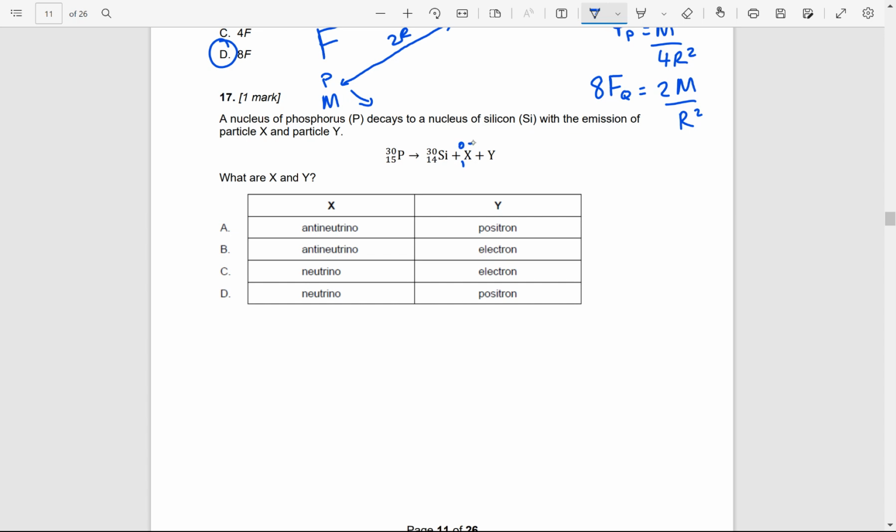So it's a 0. 0, 1, that you should know is a beta particle. You need to know that. Now that's a beta particle. Now that is an antiparticle, an anti-lepton. So that's an antiparticle. So if that's an antiparticle, that is going to be an electron neutrino.